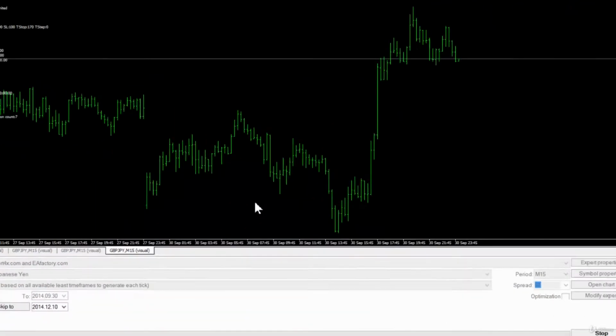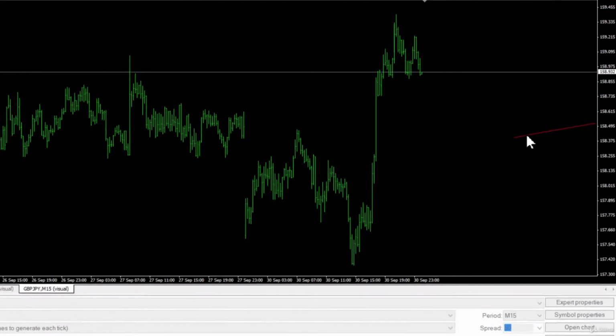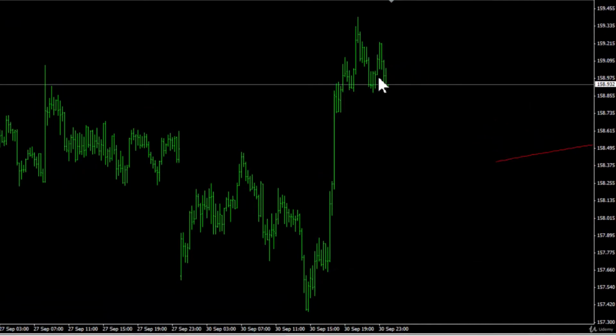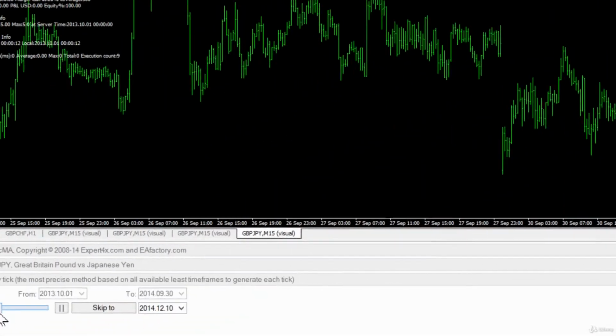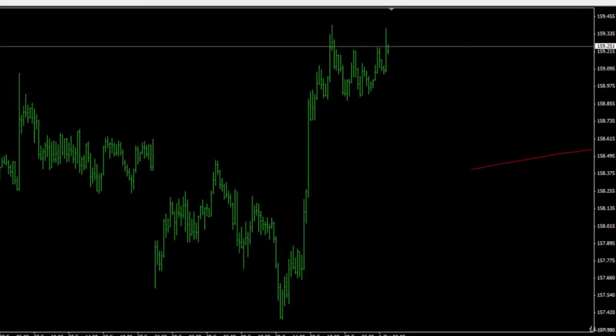I'm going to just condense the chart a little bit to make it clearer. There is the MA. The chart is in fact running, but it's running at its slowest pace, so it looks like it's not moving at all. But I'm going to now accelerate the pace, and then we'll see the EA working at an accelerated pace as if it's trading live. So here we go.